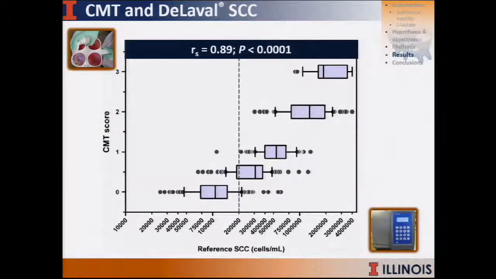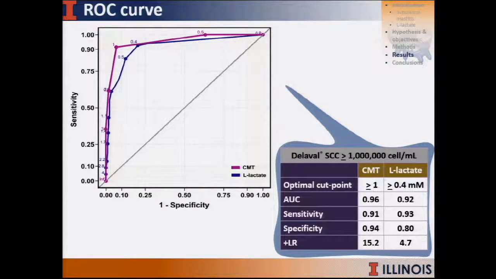However, CMT showed higher correlation. CMT is still showing the highest correlation with DeLaval somatic cell count, but you know it's semi-quantitative, so it differs from one person to another and from study to study. But in this study, CMT showed a higher correlation compared to milk lactate concentration. For the logistic regression, this is the ROC curve.